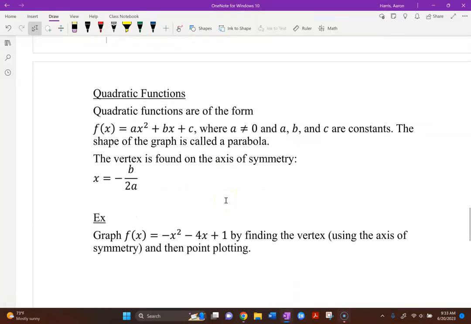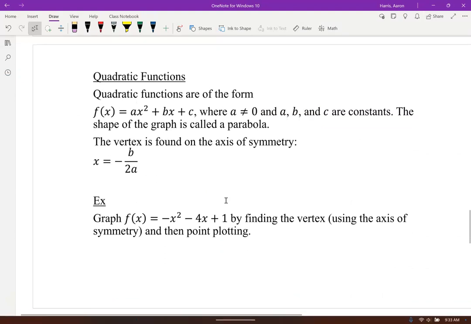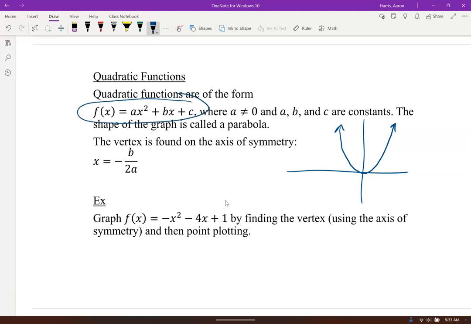Let's get into quadratics now. So a little overview of quadratics. Quadratic functions are parabolas. So they're kind of U-shaped. And they're in this form: f of x equals, so y, or f of x equals ax squared plus bx plus c.